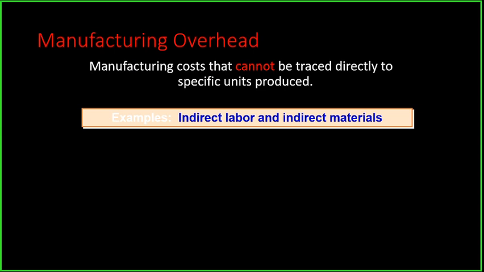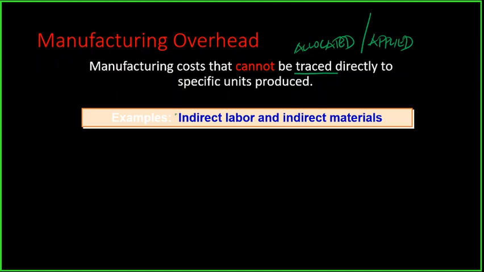Now, manufacturing overhead are your manufacturing costs that cannot be classified as direct materials or direct labor. Thus, they cannot be easily traced to your specific products. So if they cannot be traced, they are not traceable cost. They are now called allocated cost, or applied cost.